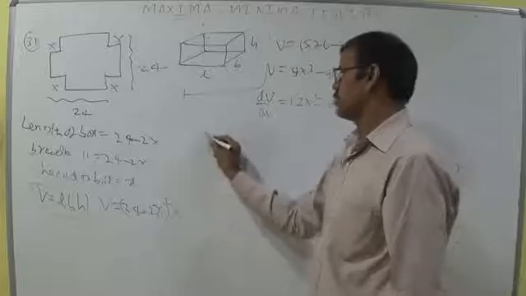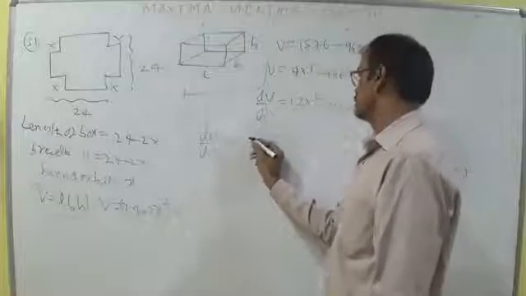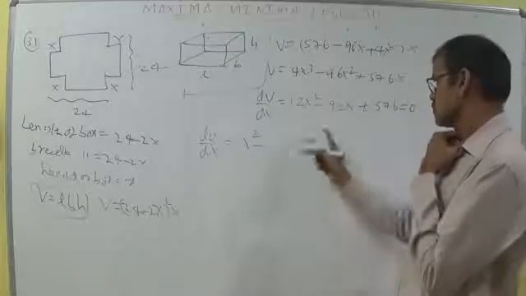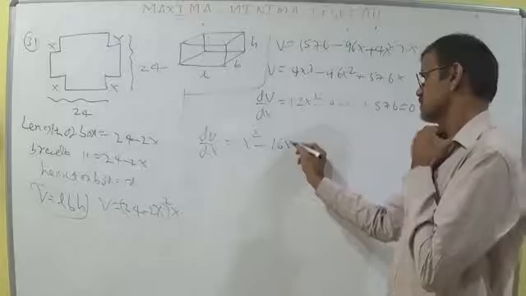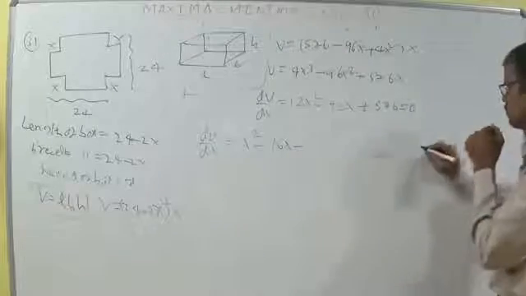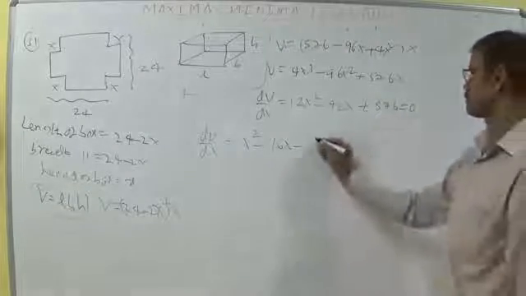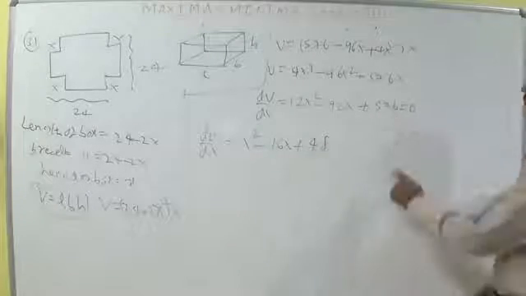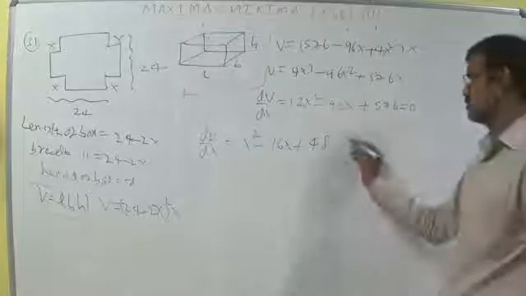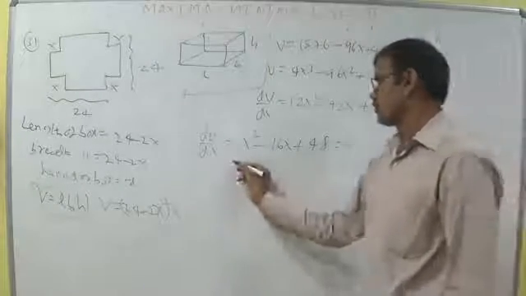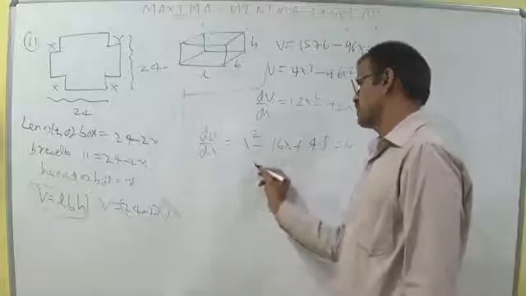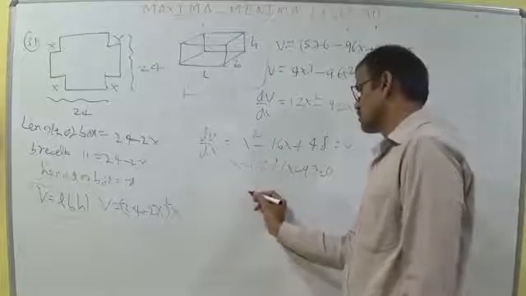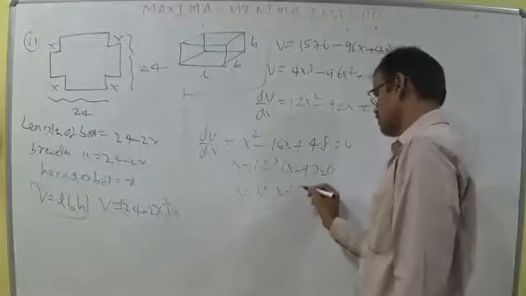If we divide by 12, dV by dx is equal to x square minus 16x plus 12 fours are 48, so plus 48 equal to 0. Factors are there. So x minus 12 into x minus 4 equal to 0. So x is equal to 12, x is equal to 4.